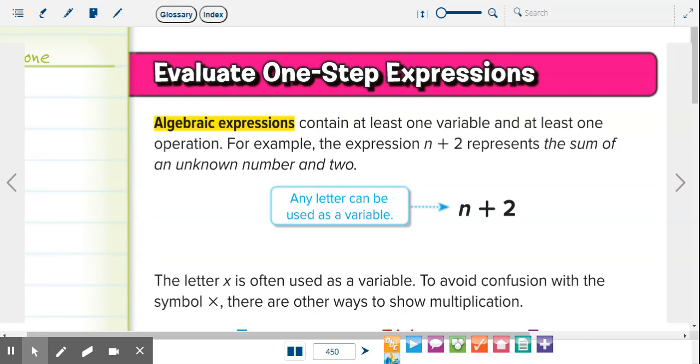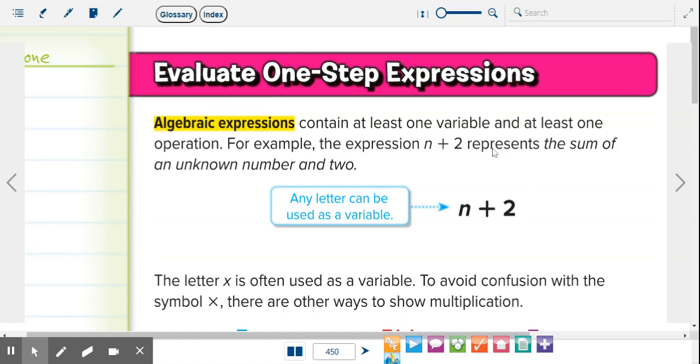Okay, so when I say operations, I'm talking about when we add, we subtract, we multiply, we divide. Those are the operations, okay? Addition, subtraction, multiplication, division. That's what we're going to be working with. So there's only 4 of them. Now, when I say one-step expressions, we're just doing one each time.